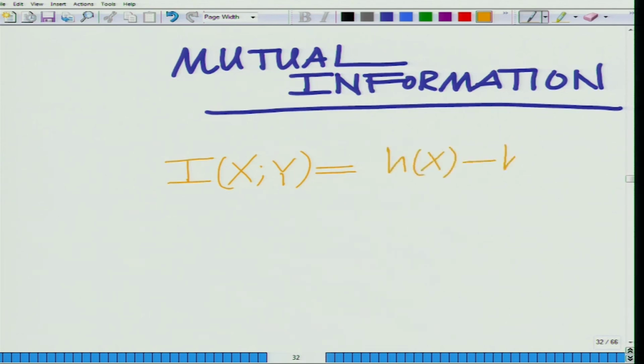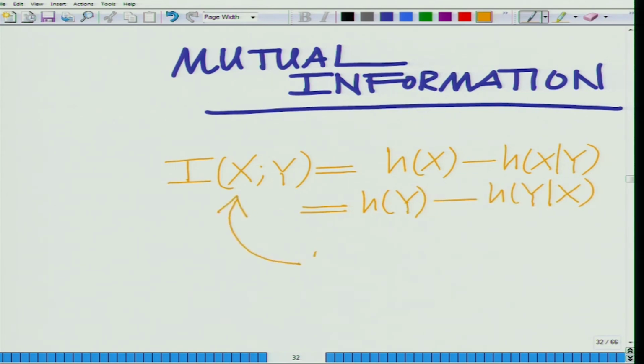Of course, now in terms of the differential entropies, h of x minus h of x given y, equals h of y minus h of y given x, and this is basically your mutual information.